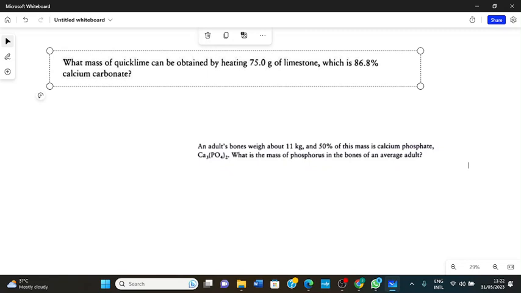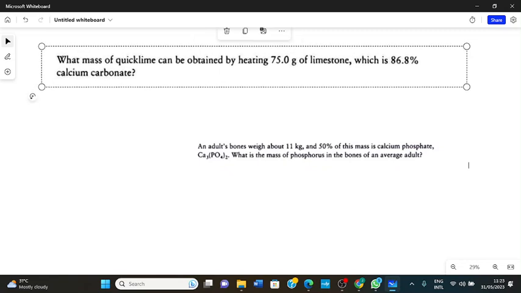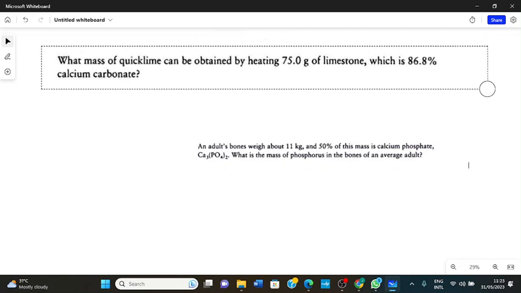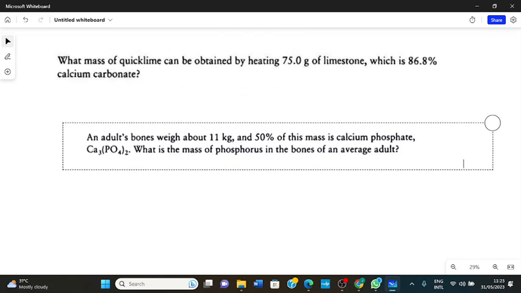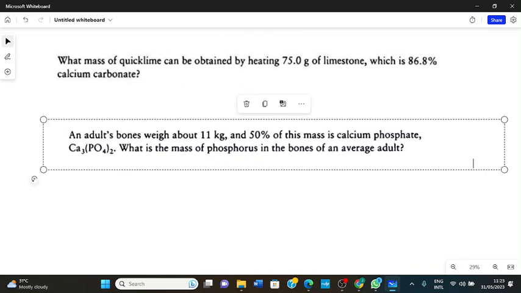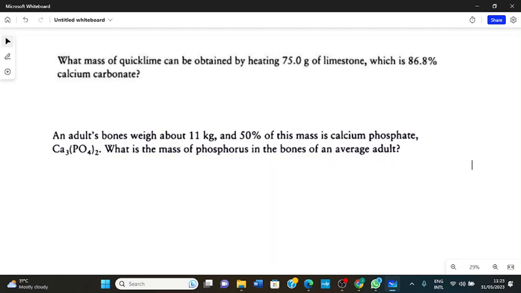I'll be giving you two questions. They're a little bit complex, but not too difficult. These are more advanced questions on what? On percentage composition by mass. So please attempt these questions. They are simple as ABC, just a little bit twisted and a little bit sophisticated and nothing else.